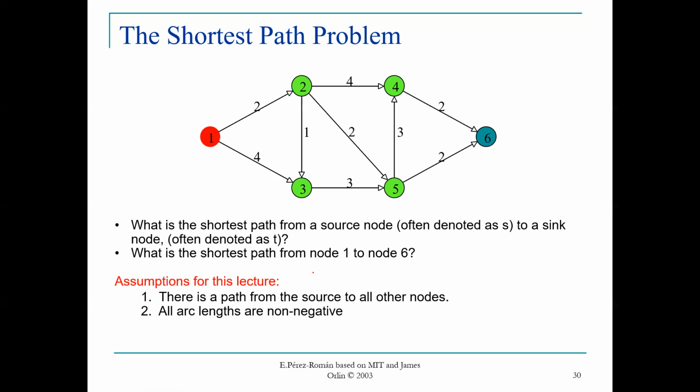However, in practice, you will have networks that are so big that it will be impossible for you to find the optimal solution by eye. So again, the purpose of this lecture is to show you how to apply the algorithm and find a solution for this problem, so you can extend that to larger problems if needed.